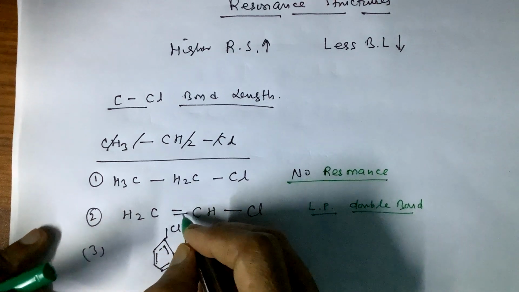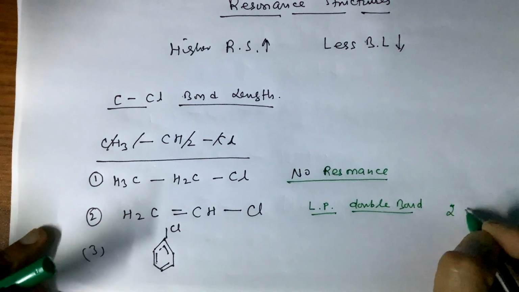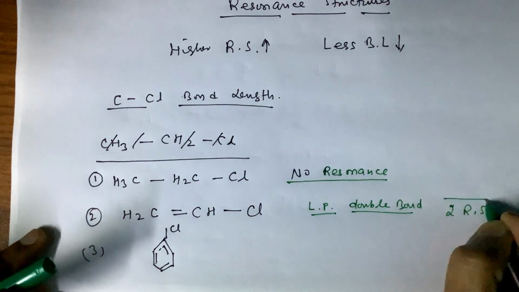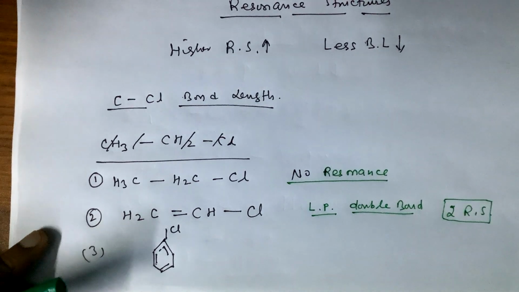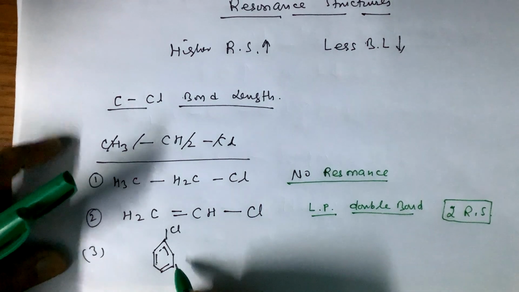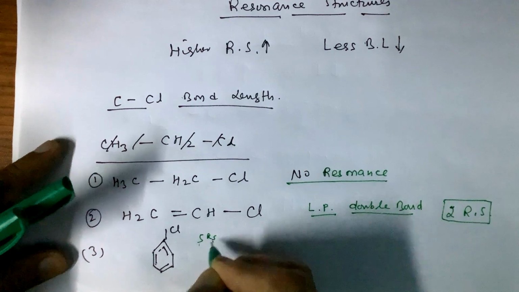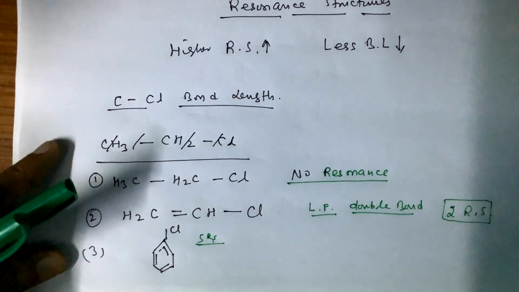So the double bond can be interchanged from here to here, and we say there are 2 resonance structures of this molecule. And in this case there are 5 resonance structures. How?